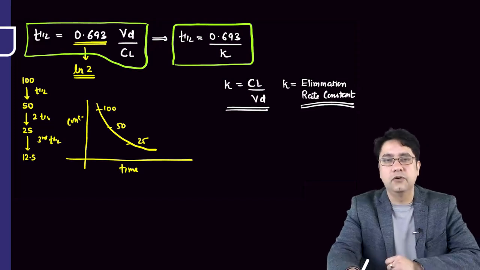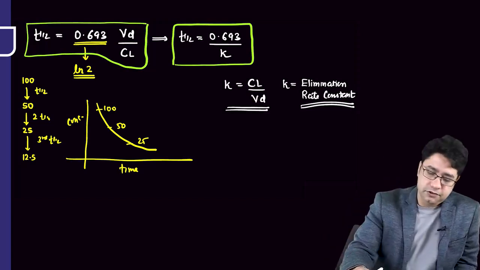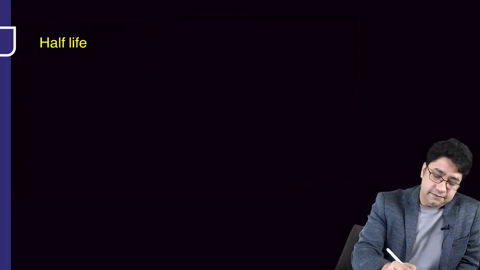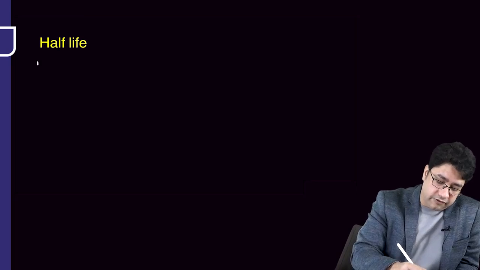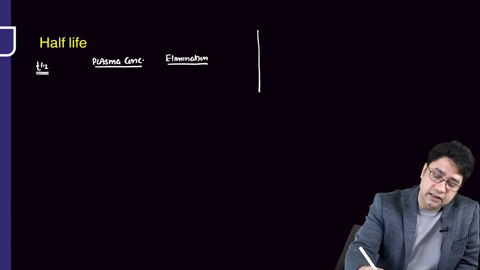So let's talk about half-life in more detail and in simpler terms. Let's make a diagram: half-life, plasma concentration of a drug, and how much drug finally gets eliminated. Let's say, beta, you have just given a drug to your patient.